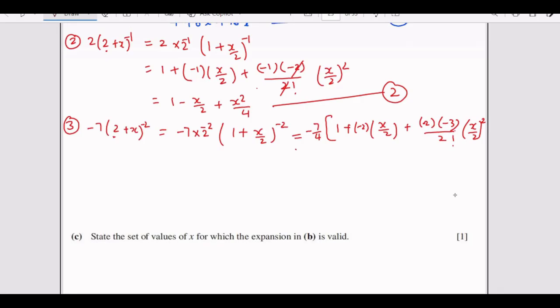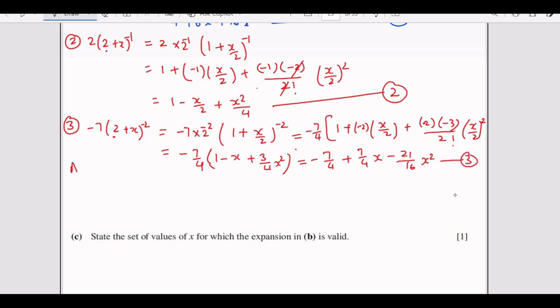So when you do this, bringing it here, it's -7 over 4 times (1 minus x plus 3 over 4 x squared). Now multiplying by the -7 over 4 outside, it becomes -7 over 4 plus 7 over 4 x minus 7 times 3, 21 over 16 x squared. So this is our number 3.